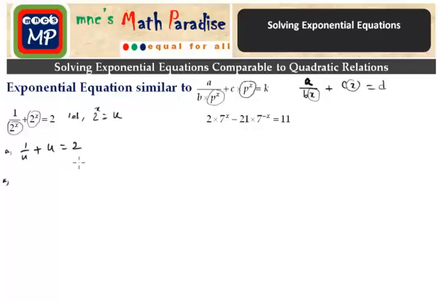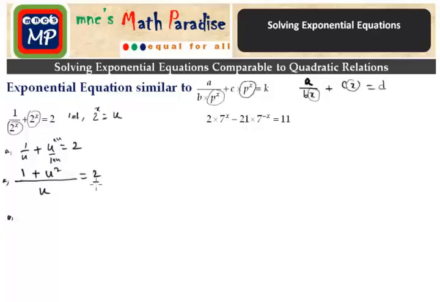So now we will simplify this to get the quadratic equation. The denominator is u and 1, so the common denominator will be u. So here we will get 1 plus, multiplying both numerator and denominator by u, u times u is u square, equals 2.